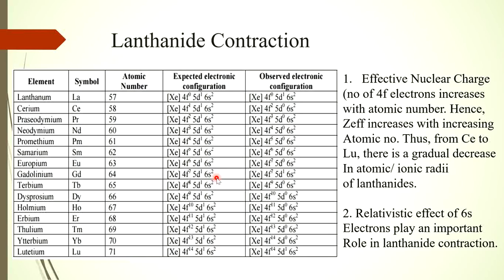And here also the relativistic effect of 6s electrons can play an important role, which is just an additional factor to answer effectively the reason behind the lanthanide contraction.